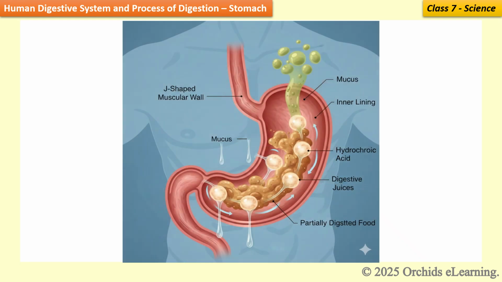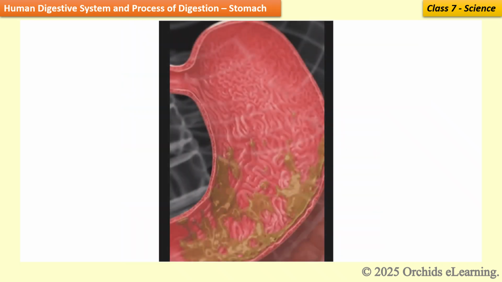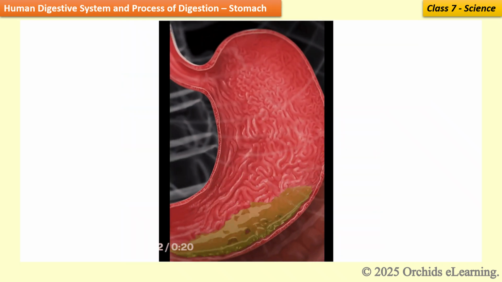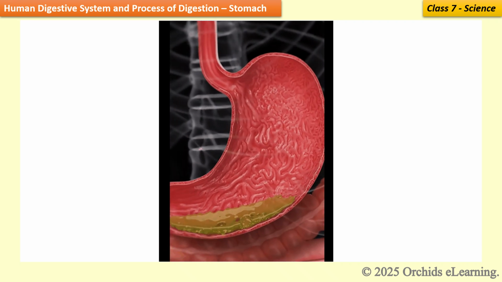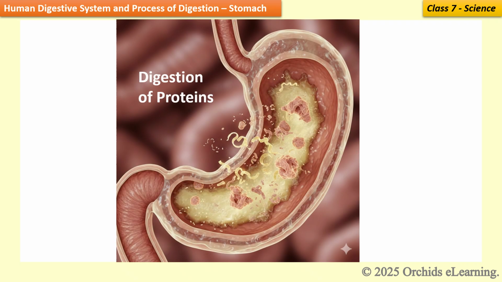Mucus, hydrochloric acid and digestive juices are secreted by the inner lining of the stomach. Hydrochloric acid and digestive juices help in the process of digestion. However, mucus protects the lining of the stomach. In the stomach, digestion of protein takes place with the help of digestive juices.